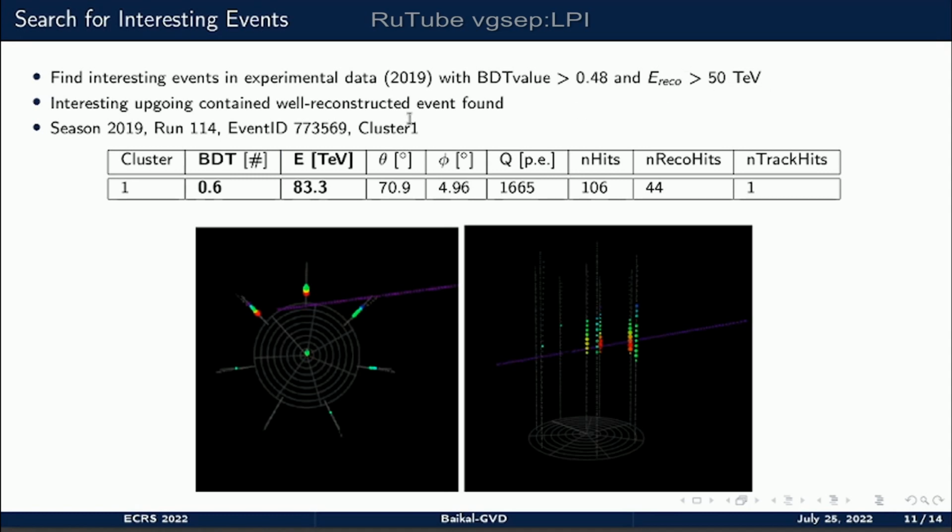And one interesting event was found in cluster 1 with energy 80 TeV. The boosted decision tree value was quite high, 0.6. And this event was reconstructed as upgoing, as can be seen in this picture. And the above mentioned selection technique on track hits found only one track hit in this event.